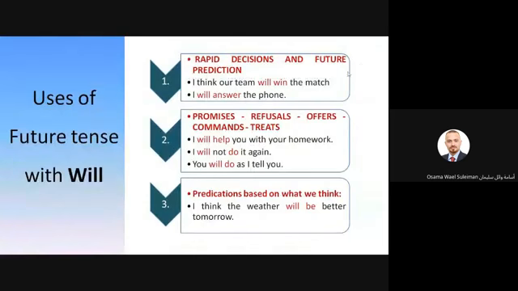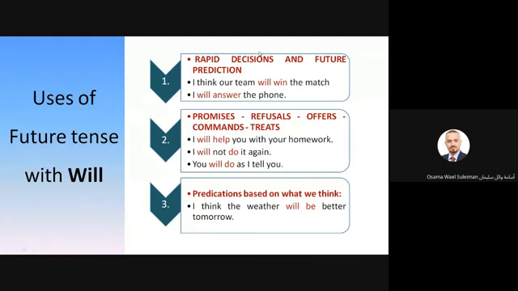Instant decisions or rapid decisions. You haven't thought about it before. يعني ما كنت فكرت بيها مسبقا. حدث شيء قررت تلقائيا أن تسويه، شغلة معينة بالمستقبل. أو future prediction. ما معنى prediction؟ التنبؤات، يعني تتنبأ بشيء معين راح يحدث بالمستقبل.